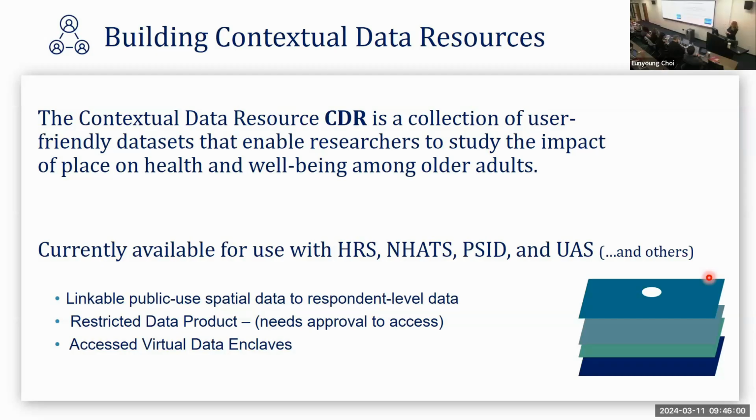And almost all of these would be accessed via virtual data enclaves, with maybe some of the studies doing their own data linkages and producing data in a more specified way. But at least all of these big NIA studies here, they're all holding their restricted contextual data in virtual enclaves.